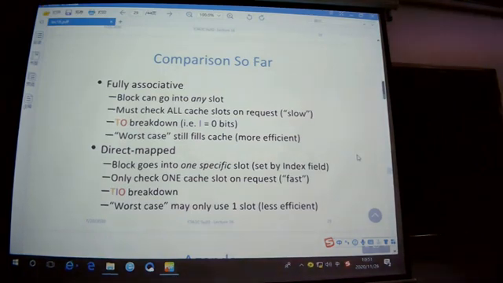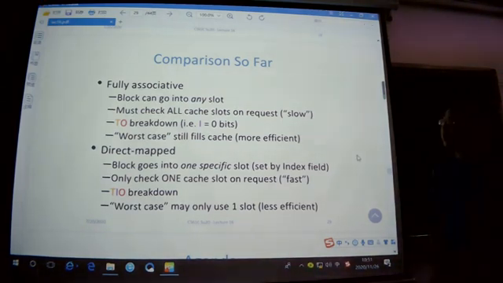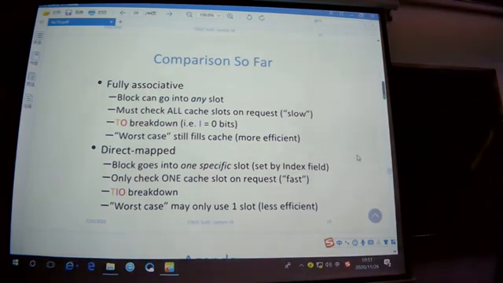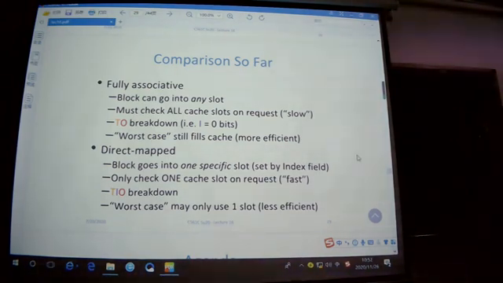Okay, this is a comparison so far. We can find fully associative and direct map are two examples. Fully associative, a block can go into any slot, and must track all cache slots on request. So we don't like slow, we like fast.